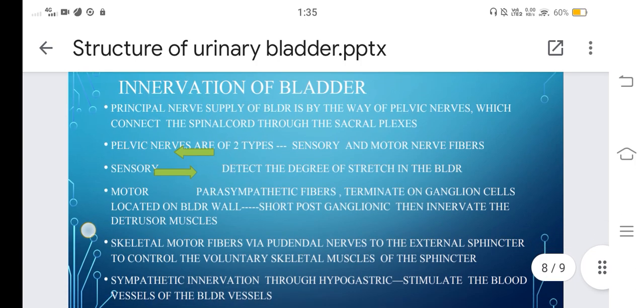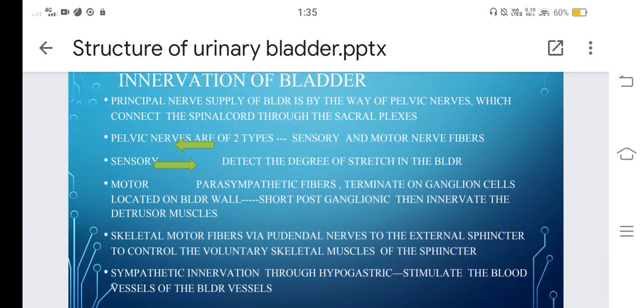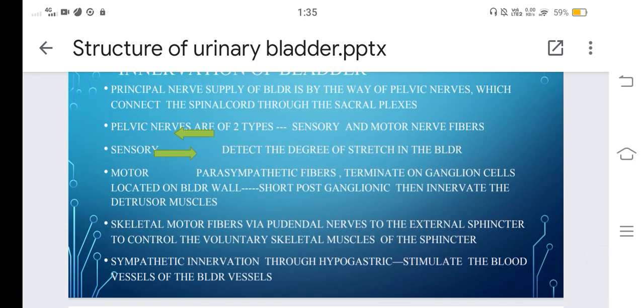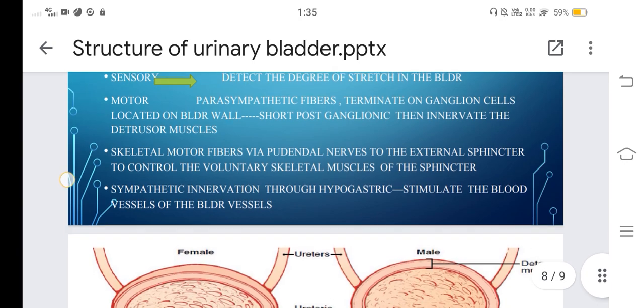Then innervation of the bladder. The principal nerve supply of the bladder is by way of the pelvic nerves, which connect to the spinal cord through the sacral plexus. Pelvic nerves are of two types, sensory and motor nerve fibers. Sensory fibers detect the degree of stretch in the bladder. Motor parasympathetic nerve fibers terminate on ganglionic cells located in the bladder wall.